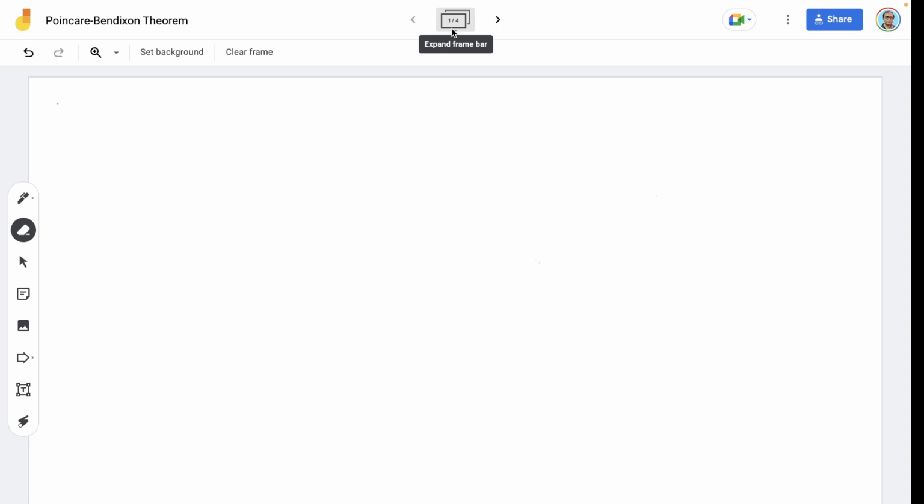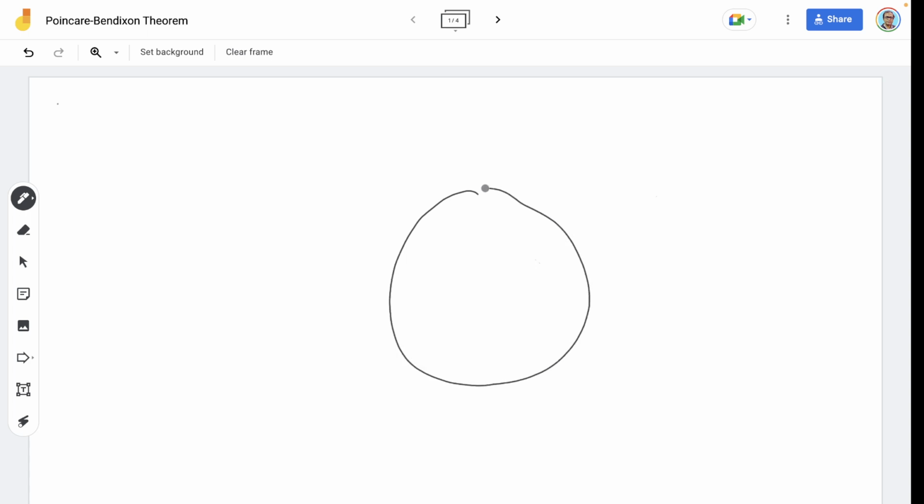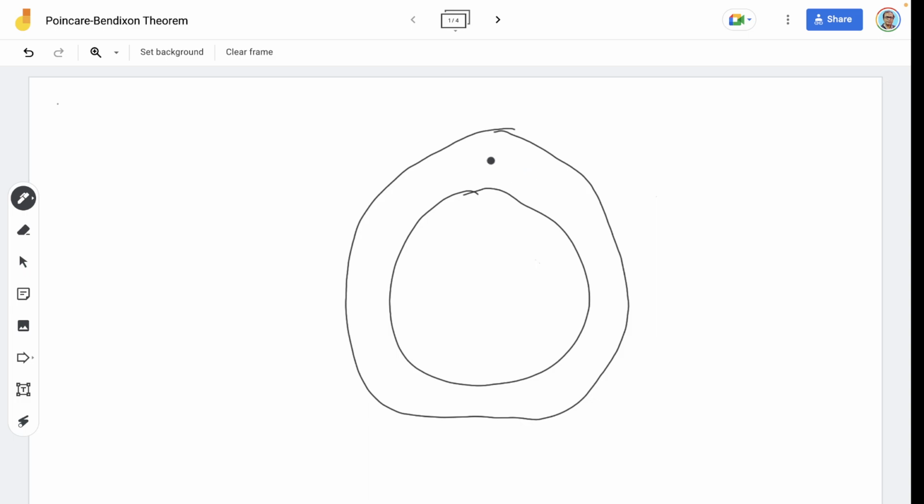Consider the system defined in this region D. This region is R. This D1 is this annular region, and suppose the origin is the critical point of the system.